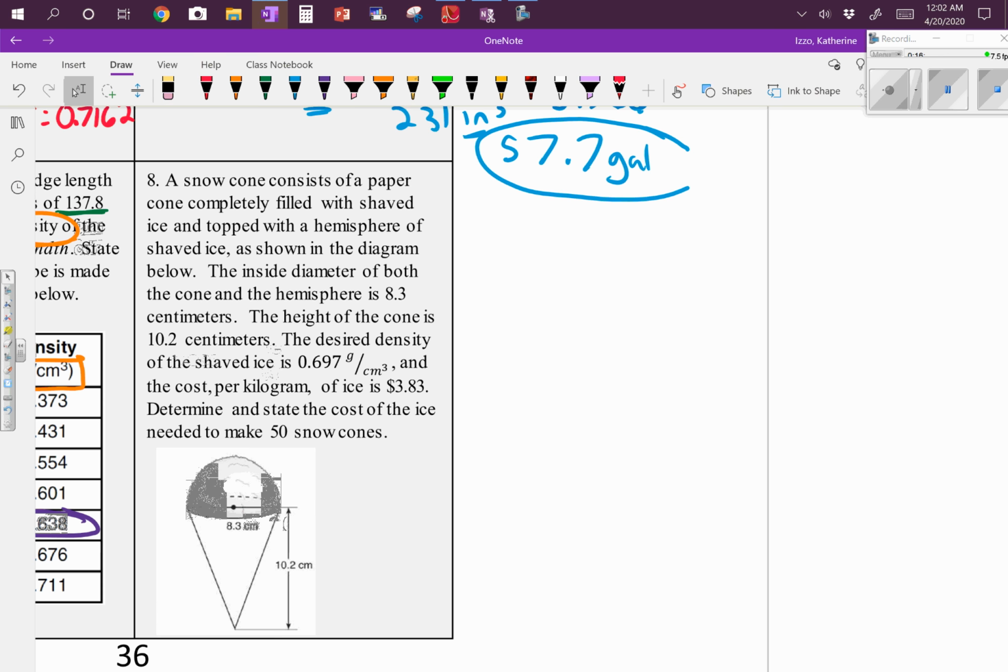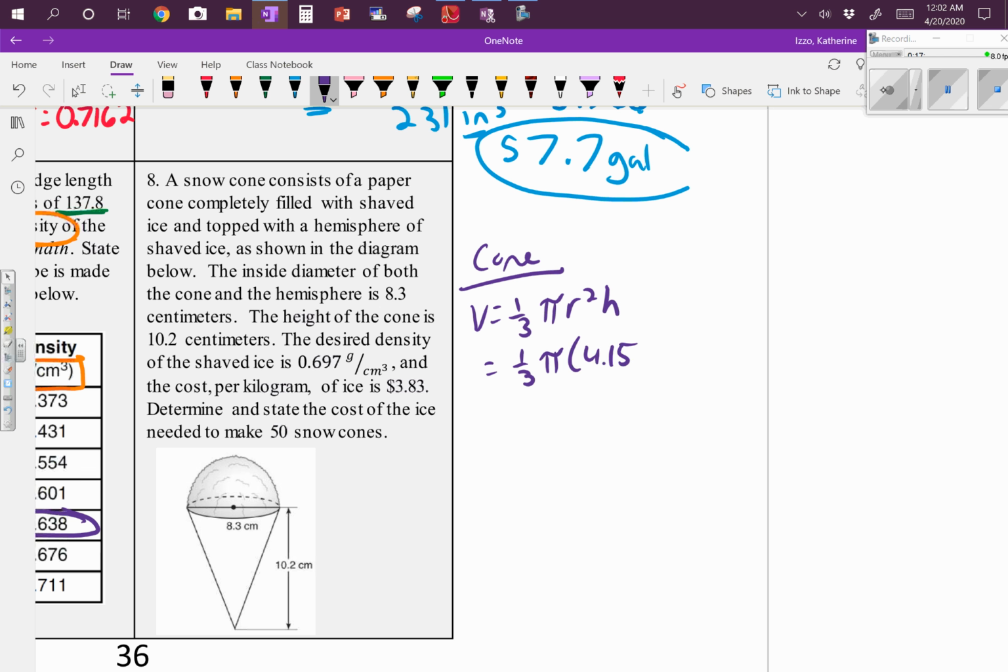So the first thing that we need to do is find the cone. The cone's volume is 1/3 pi r squared h. So 1/3 pi, r is 8.3 divided by 2 again, so that would be 4.15 squared times h, which is 10.2.